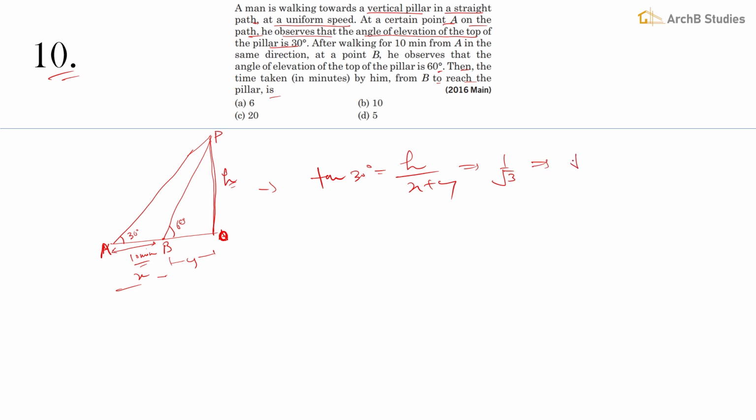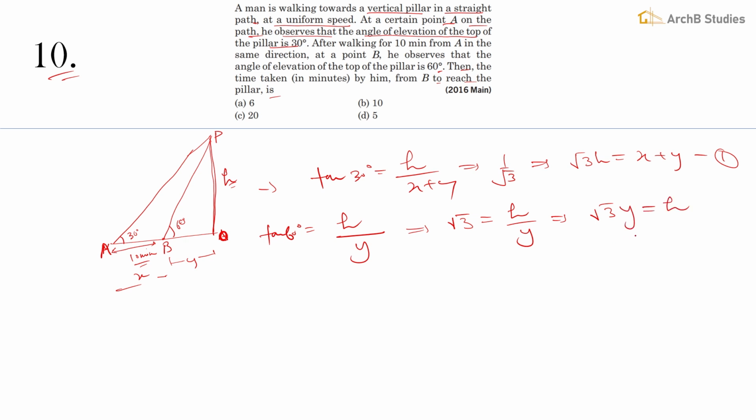This implies root 3 H will be X plus Y. First equation. Tan 60 will be H upon Y. This implies that root 3 will be H upon Y, so root 3 Y is equal to H.